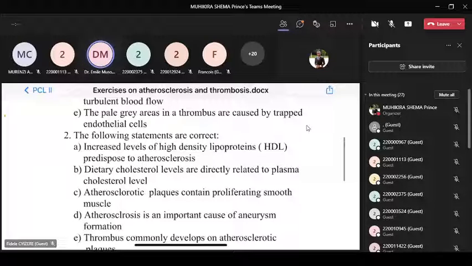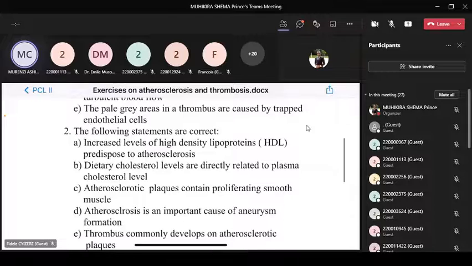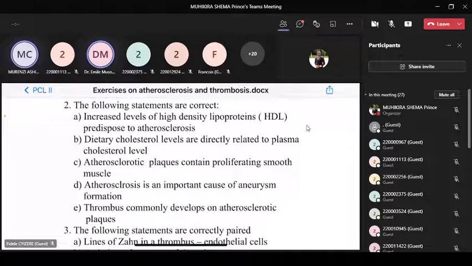Okay, number 2. Part A is not correct. First of all, read the question. The following statements are correct. Why is part A not correct? Read the question first of all.